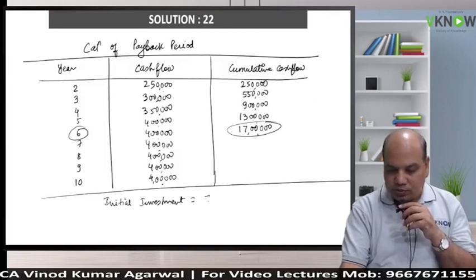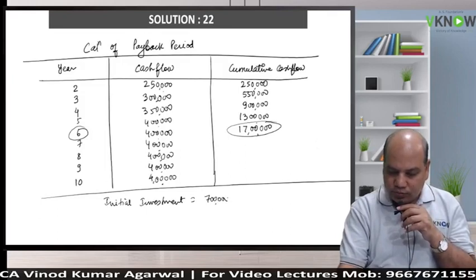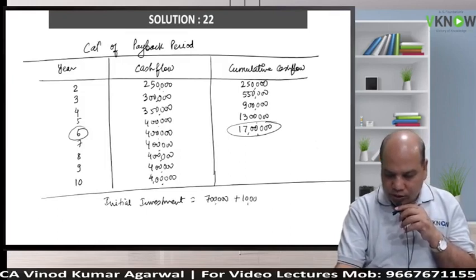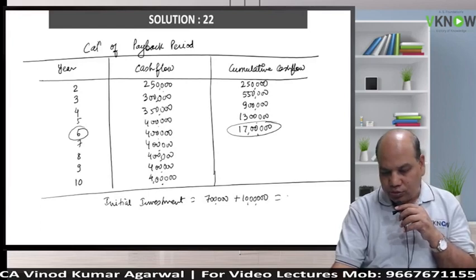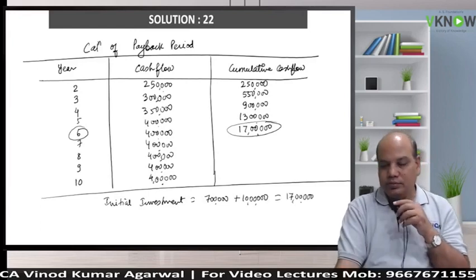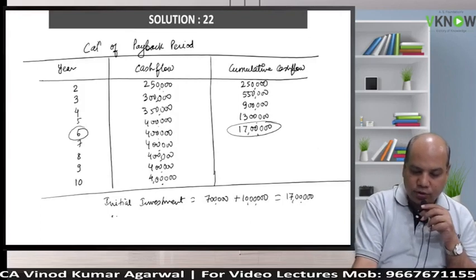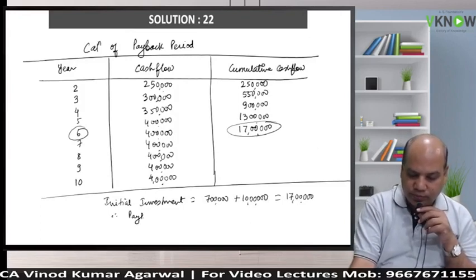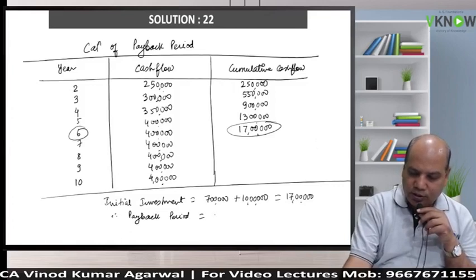Our initial investment is 7 lakh in the first year and 10 lakh in the second year. So management wants to recover 17 lakh as early as possible. And therefore write down payback period is equal to, directly write down 6 years.